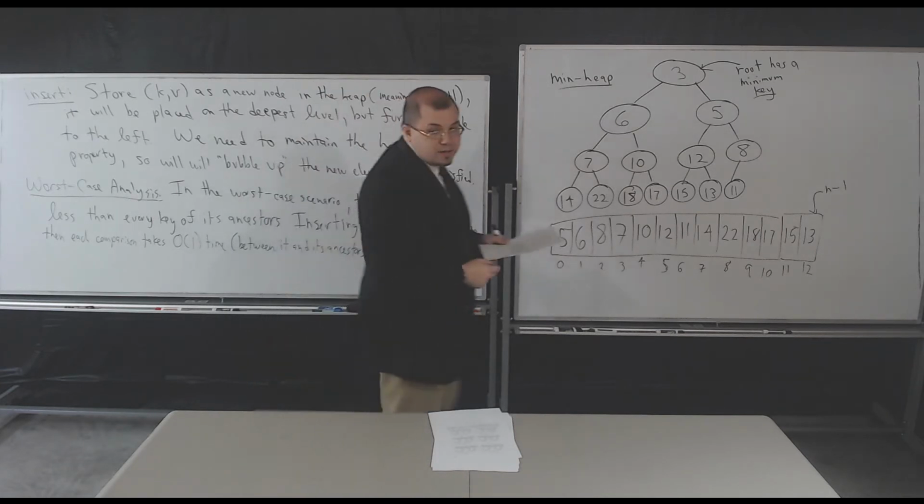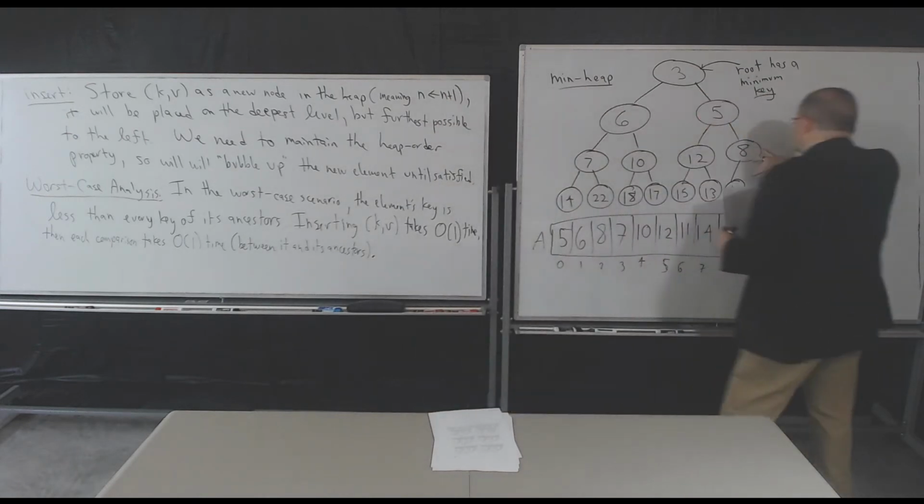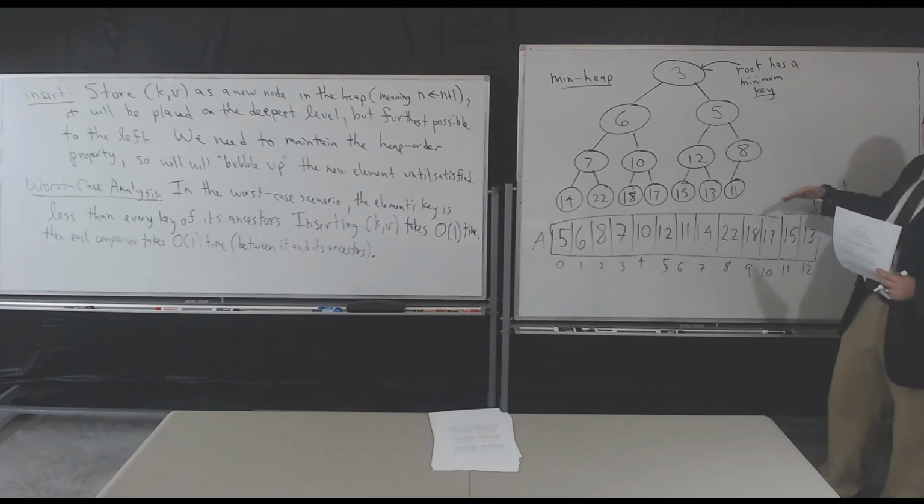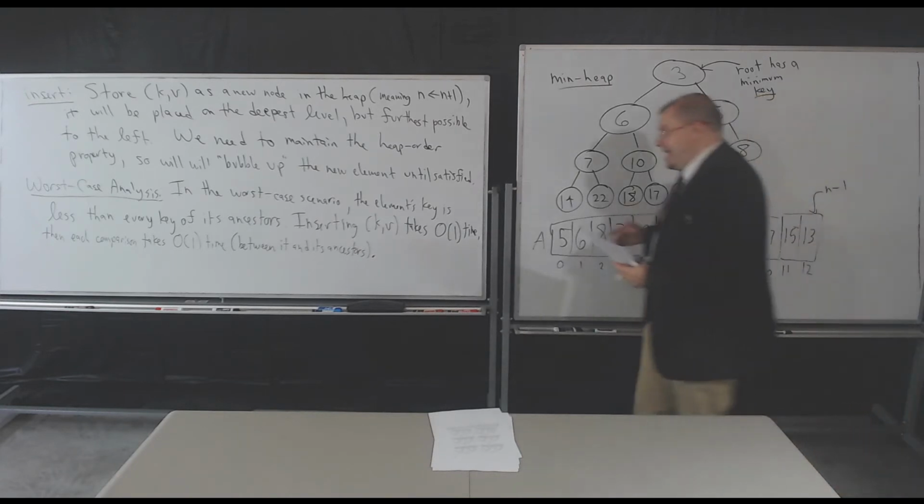So how many comparisons do I have to do though? What's the height of this? This is big O of log n. So how many possible ancestors are there? Big O of log n.